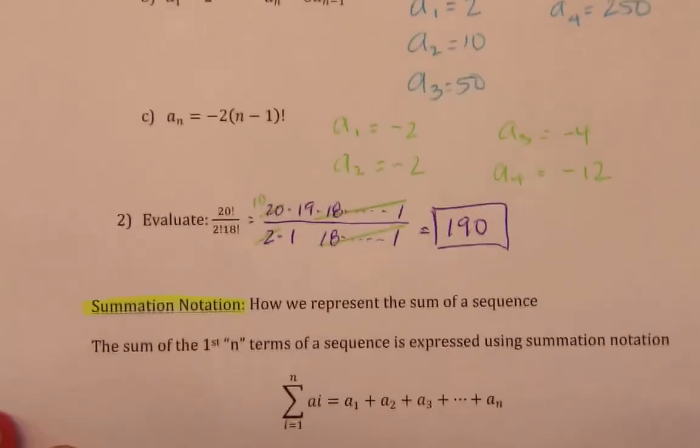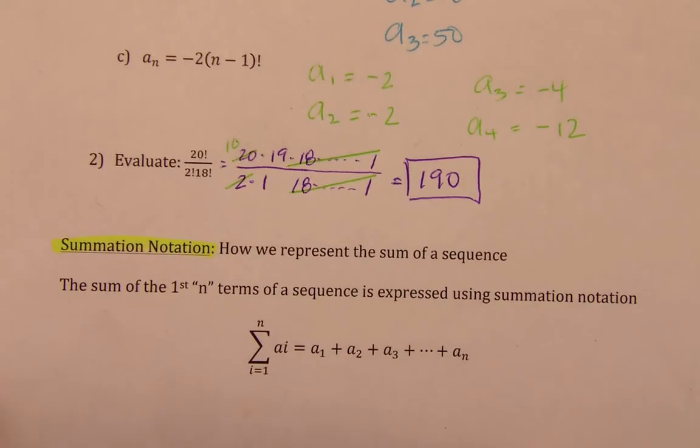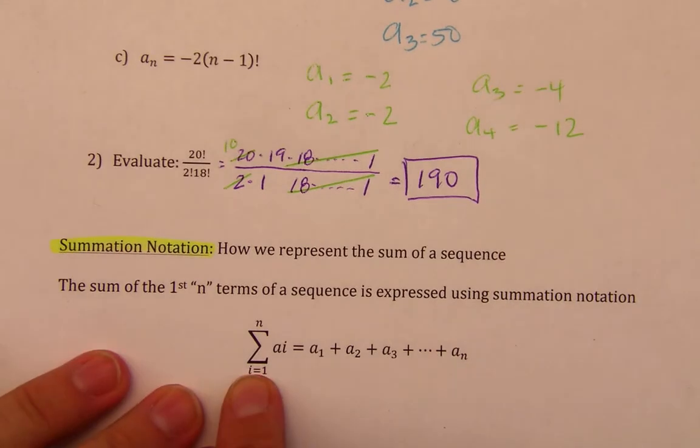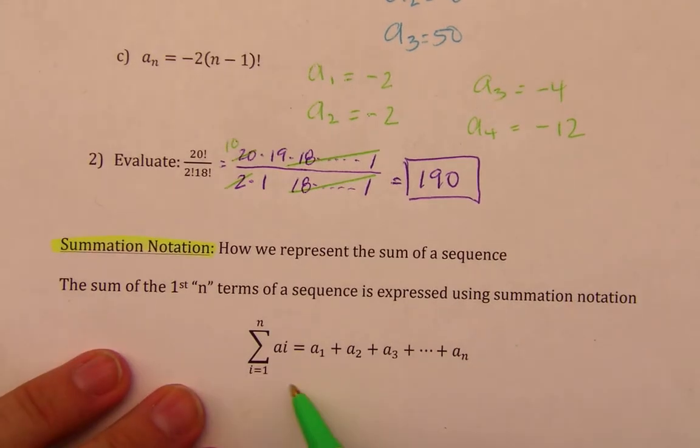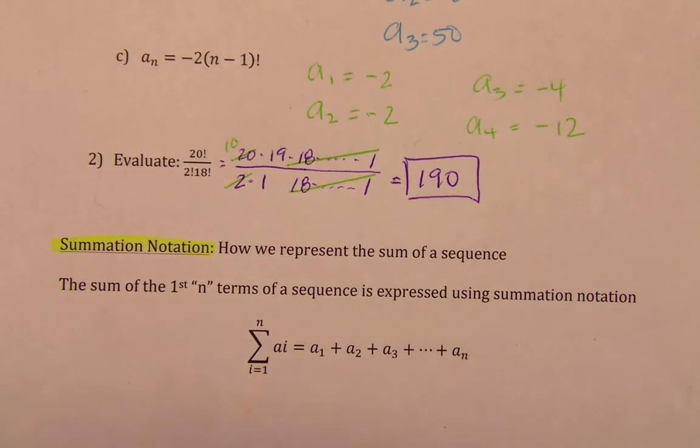Now summation notation is a way that we can write out a sum in a shorter way. Okay, so this is our index here. This is our lower index, or our lower limit is another way we refer to it.